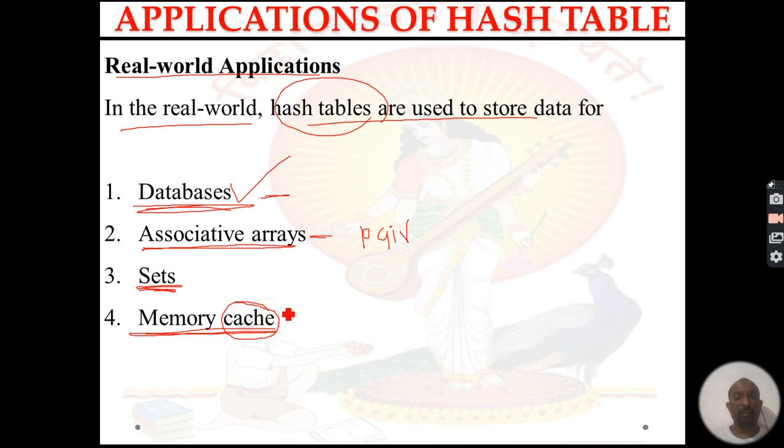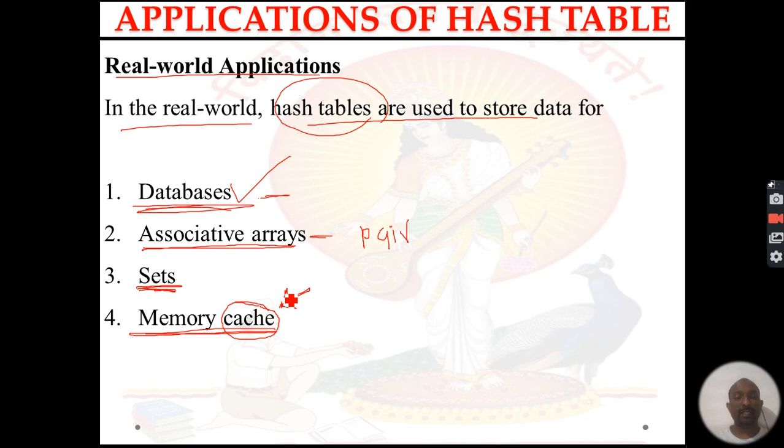One more example: on the web browser there are cookies. Cookies means when you visit a specific page like pvgcoe.nashik.org, that is our institute website. Suppose you visit that website the first time, then you have to enter the complete web address for that particular website.